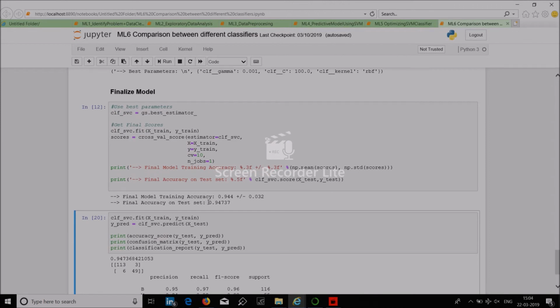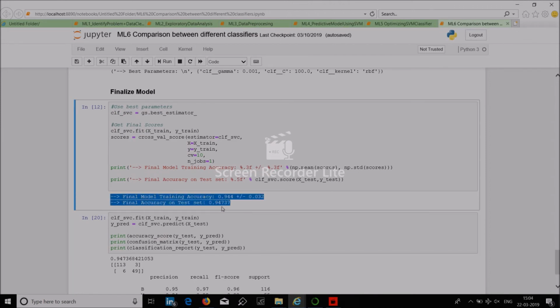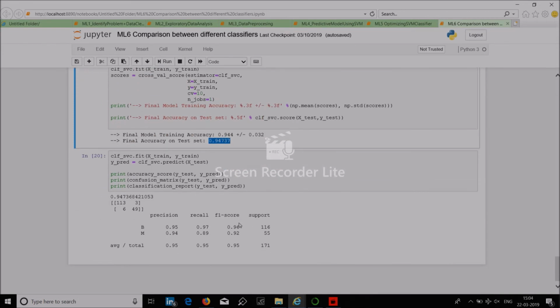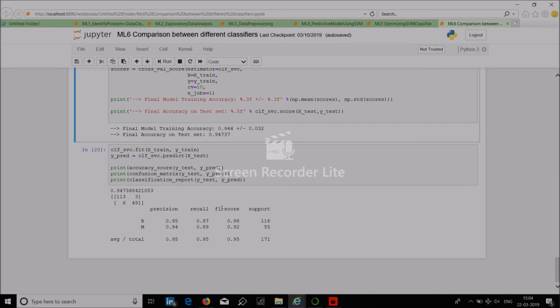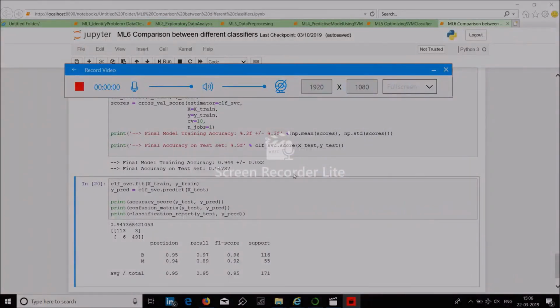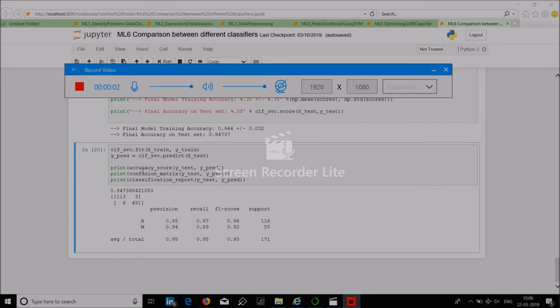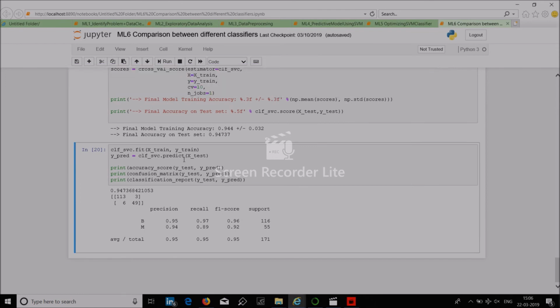We have done some tuning in this project by using hyperparameters for the SVC estimator and the KNN hyperparameters. So at the end what we have obtained is 0.95 precision on the classification of infected and non-infected cells.